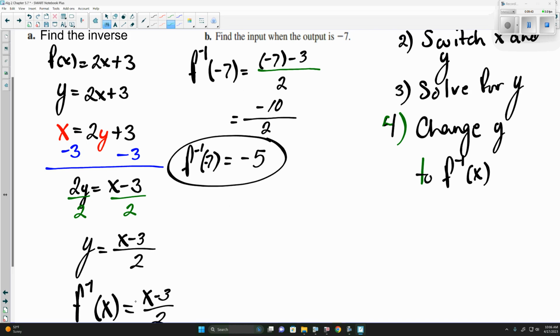Questions on any of this here? So it's just telling us that f of x is taking -5 as an input to the output value of -7. The inverse is taking -7 back to -5. Questions on any of this here?